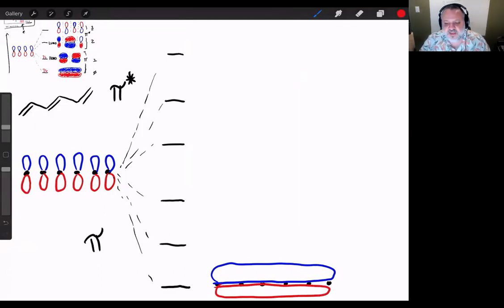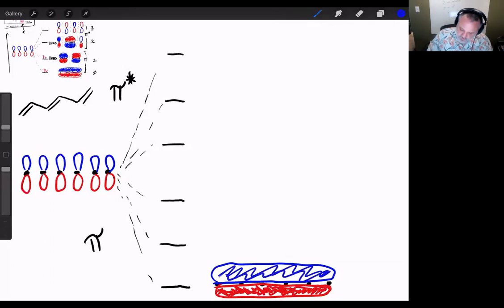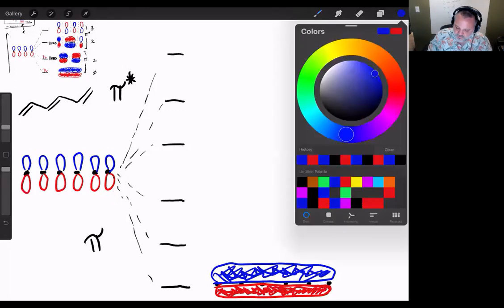And just for time's sake, I'm going to do a little bit less of a good shading job. So they're still happy, but they'd be happier if I spent another little bit of time doing some shading, but I'm not. Okay.